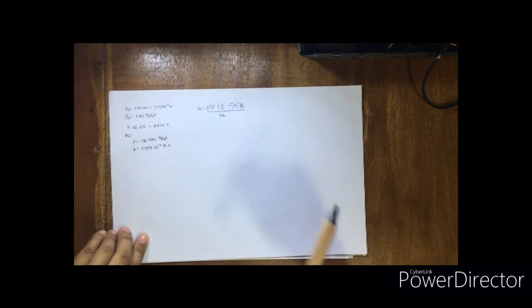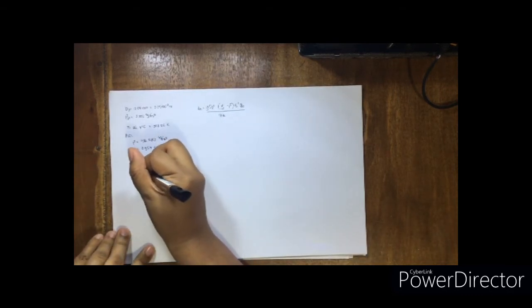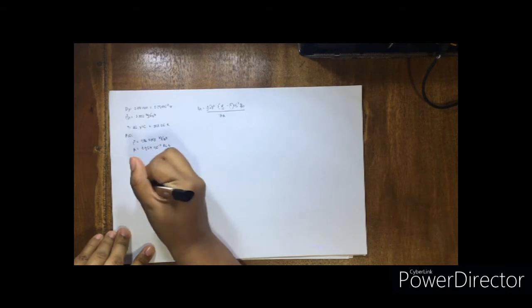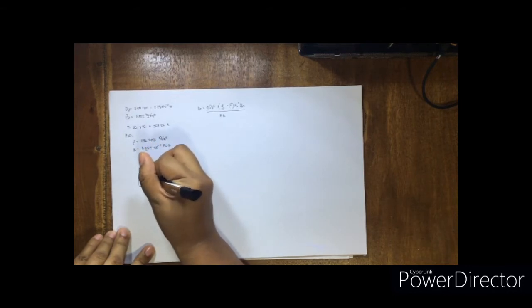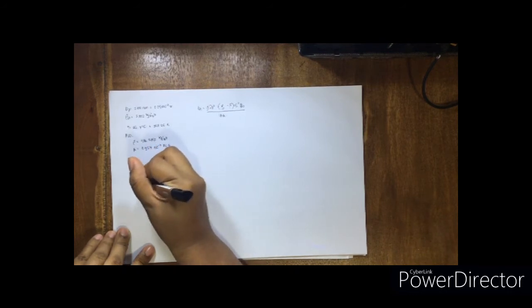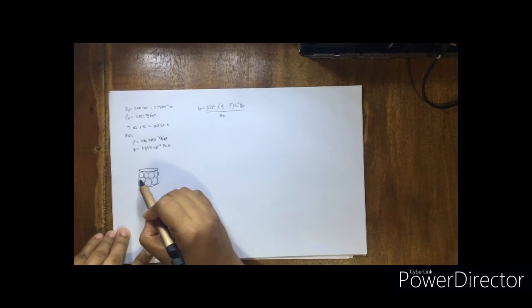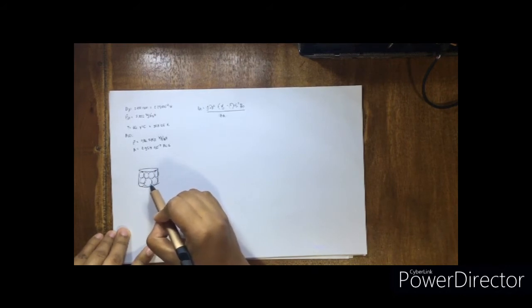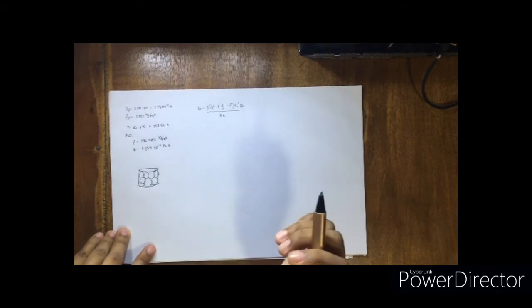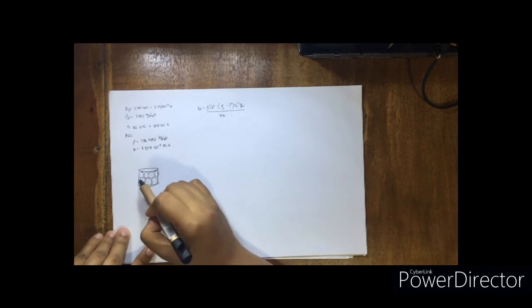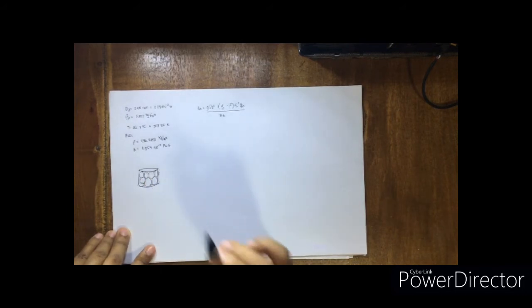So what is that void? So ano ba yung tinatawag na void? If we have this container, puno siya ng solids, so the void that we are getting is the spaces that are not consumed by our solid. Yung mga spaces dito, that is what we call the void.